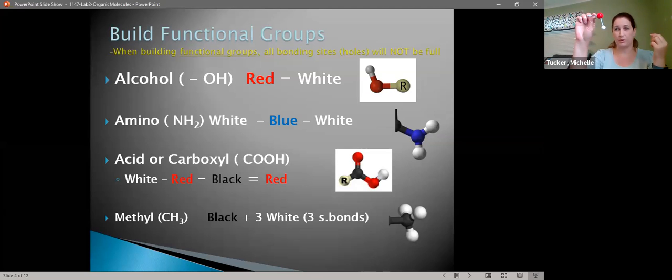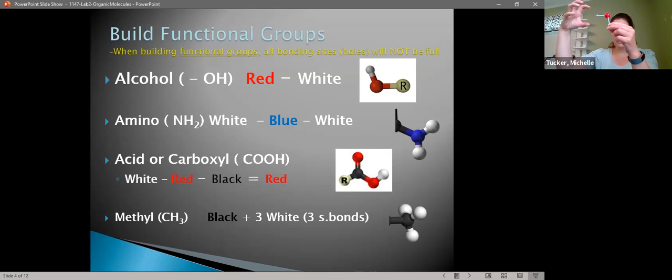You'll see it called both, and it's the same thing. It is an O and then an H. So oxygen, hydrogen, and then this open bond here, because the rest of the molecule is out here. So this could be a carbon, it's usually a carbon.